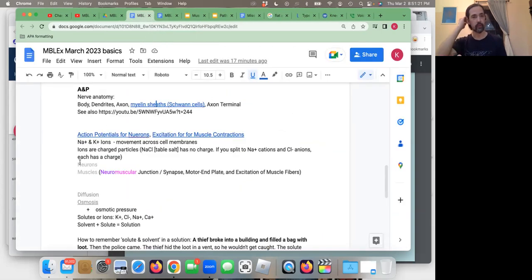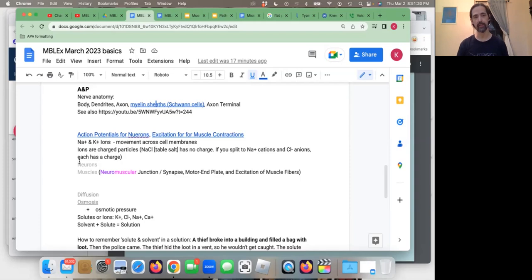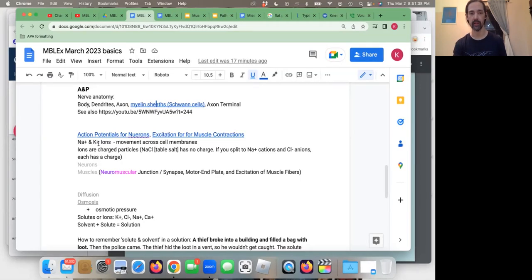It's the job of neurons to carry action potentials, that is also called an impulse or a nerve impulse. An action potential is, technically speaking, the movement of sodium and some potassium ions, those are positively charged ions, down an axon or up an axon.